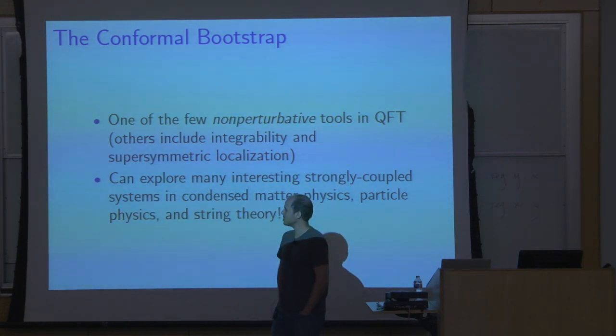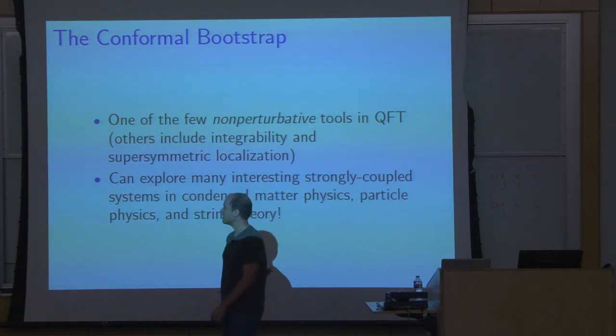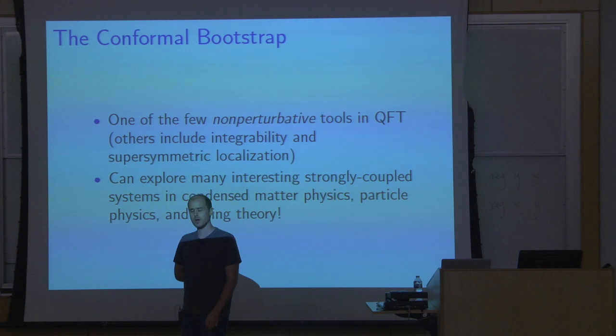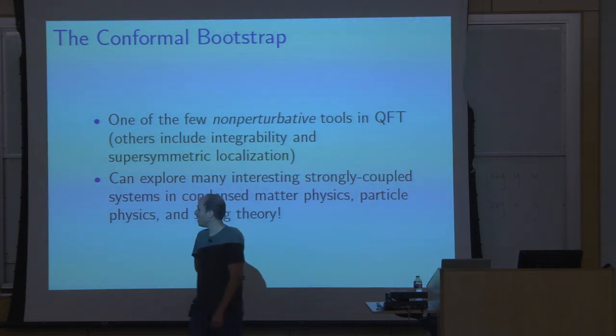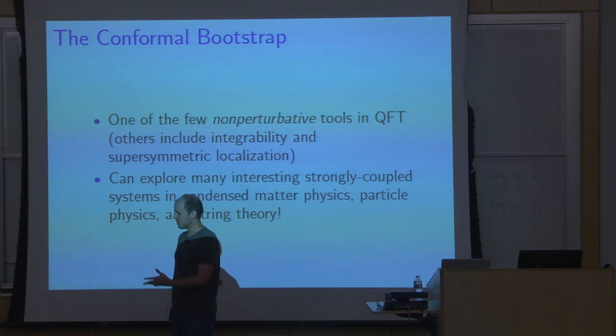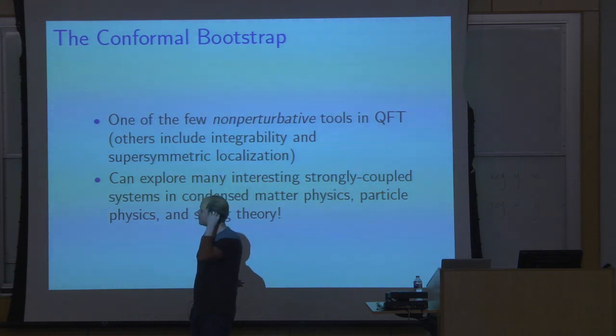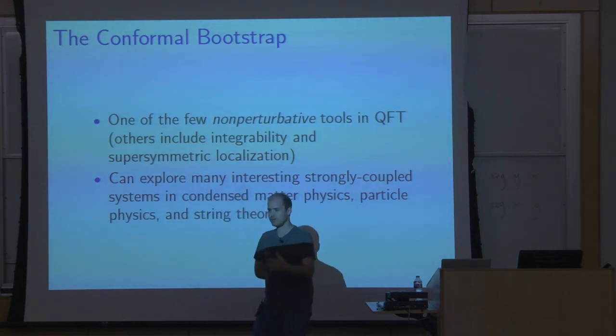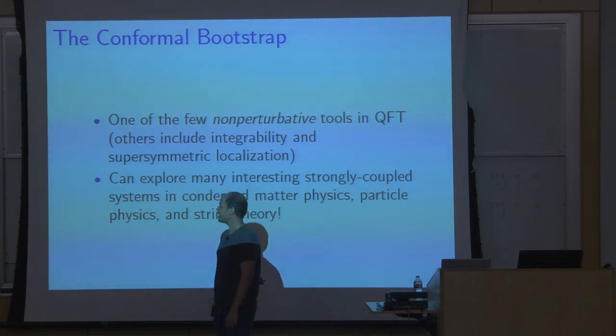So other tools include integrability, which requires a very, very special structure in your theory, and supersymmetric localization, which requires supersymmetry. They all have their overlapping regimes of applicability, and the bootstrap gives a new regime that you can study. And in particular, these conformal theories you can study with the bootstrap intersect physics in many, many interesting ways: condensed matter physics, particle physics, and string theory.